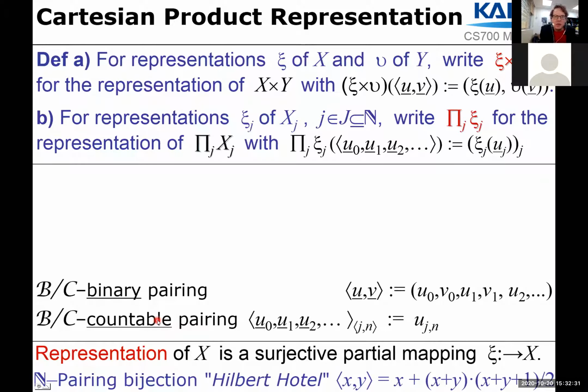And we use that to construct a representation of the finite or countable Cartesian product of the original spaces.